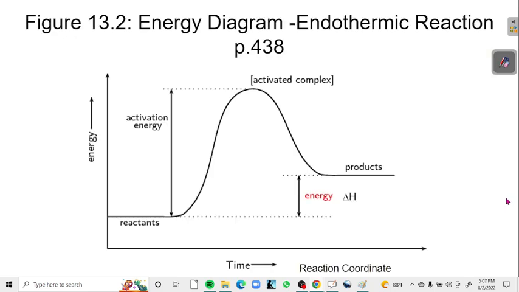Now, figure 13.3 on page 438 represents an endothermic reaction. Let's look at it. Here you start with your reactants. You always start with your reactants. The products are right here. You have your energy on the Y and the progression of the reaction, time or reaction coordinate. Okay? So what do you notice here? The reactants are at a lower energy level than the products. What does that mean?